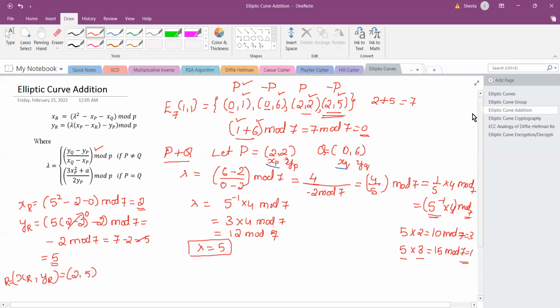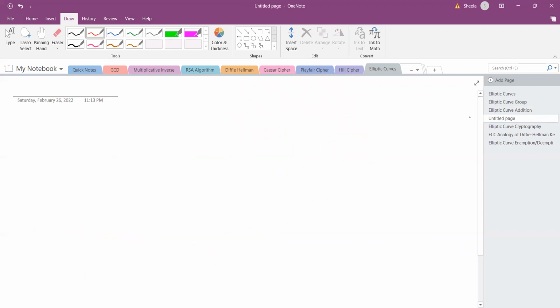And the next thing we have to do is find out 2p. So again here I'll just write down p is 7 and Ep of 1 comma 1. This is the group we have considered, and the points are 0 comma 1, 0 comma 6, 2 comma 2 and 2 comma 5.